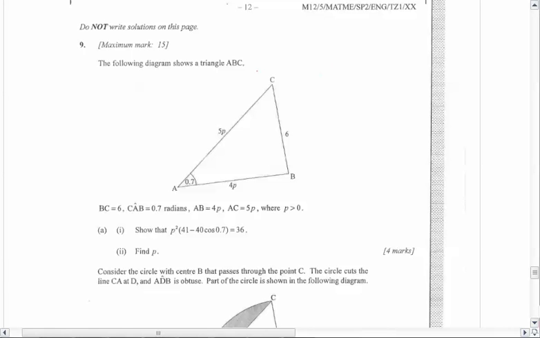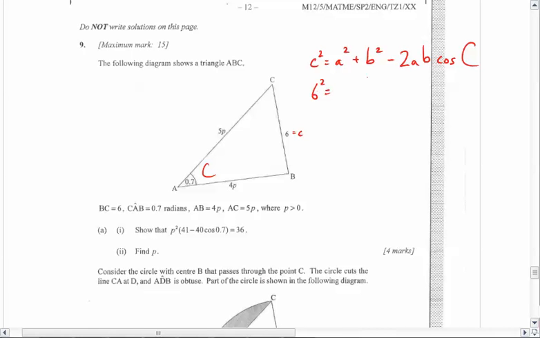The cosine law says that c squared is a squared plus b squared, so it's like the Pythagorean theorem with a little adjustment, minus 2ab cosine big C, where big C and little c have to be opposite each other. I'm using different letters than they use on the triangle.